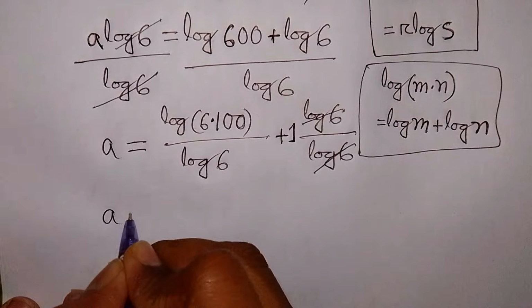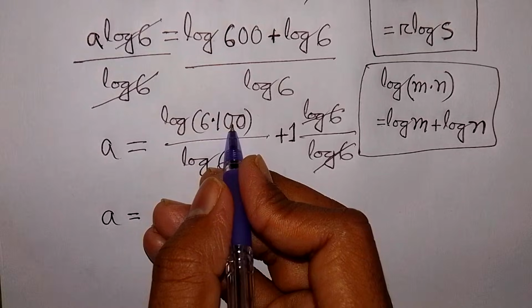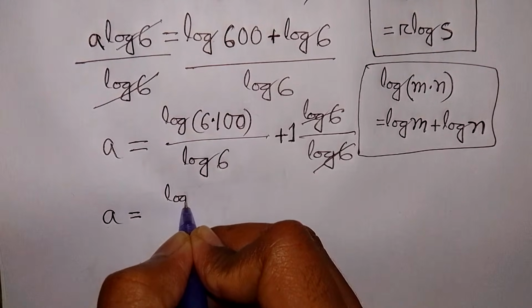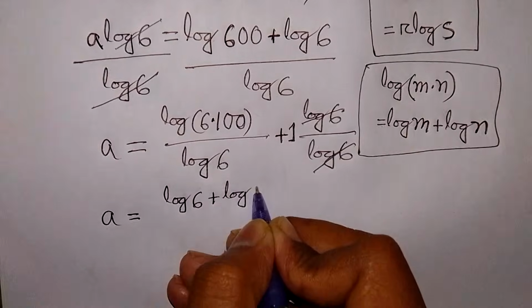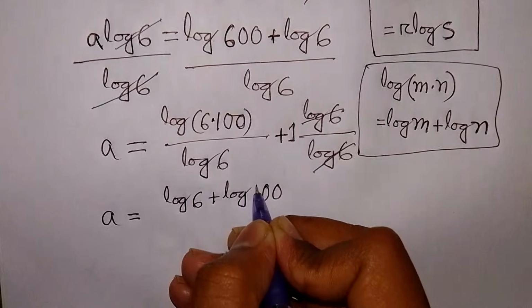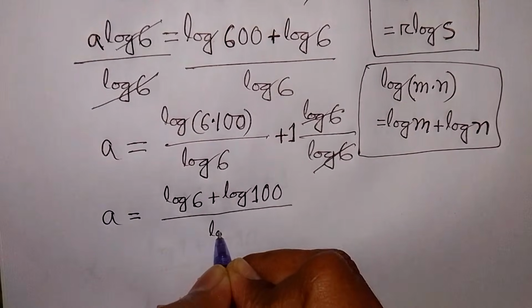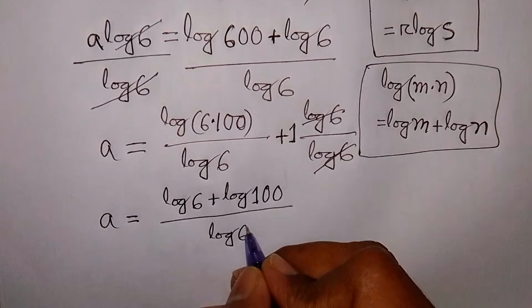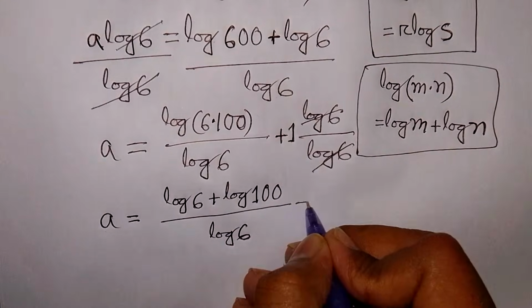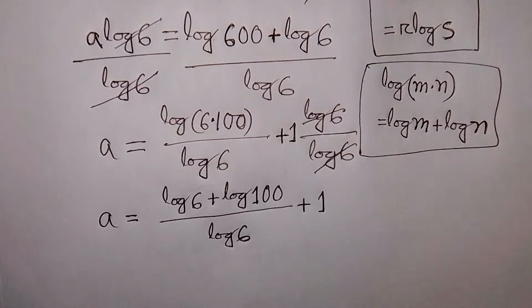Now a will be equal to log of 6 times 100, which is same as log 6 plus log 100, over log 6, plus 1.